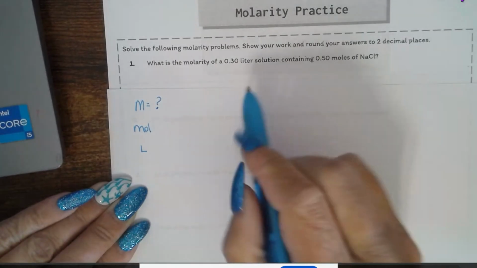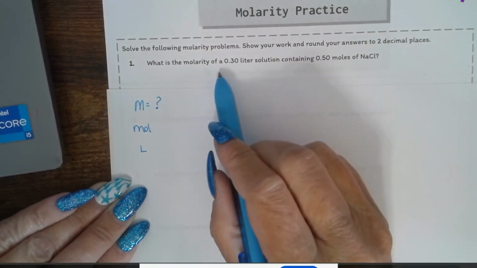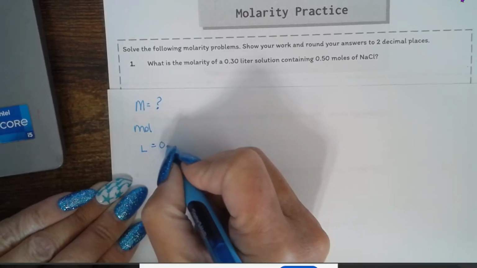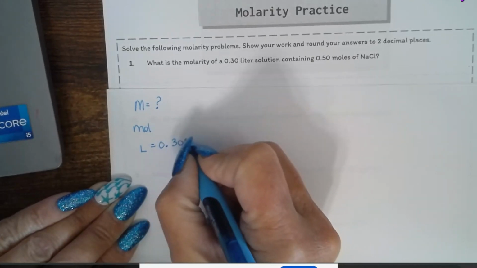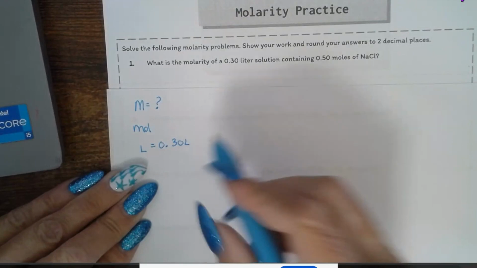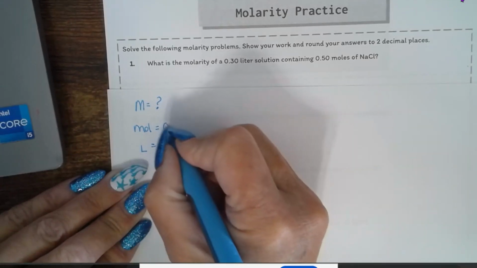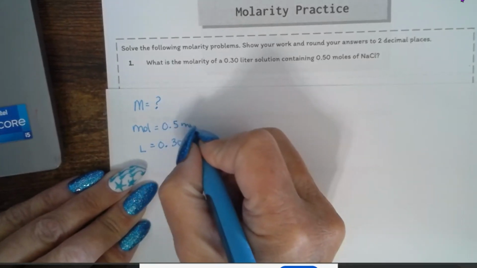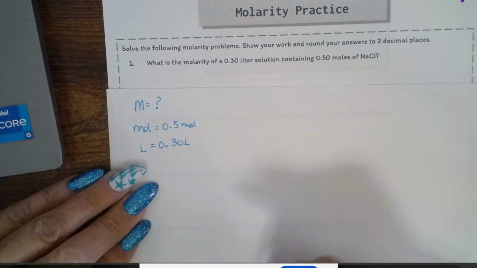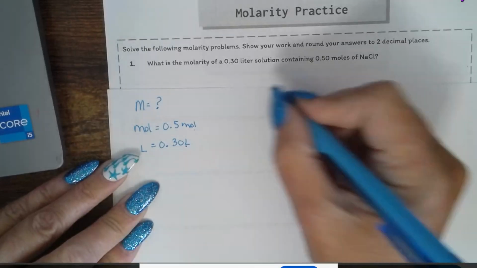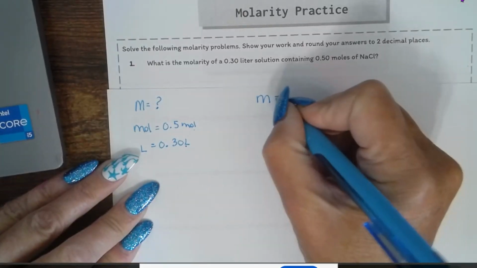All right, and it tells me I have 0.30 liters. So that's where I need it. A solution containing 0.5 moles of NaCl. Okay, so this one's a nice one because it gives me liters, it gives me moles. So all I have to do is calculate.